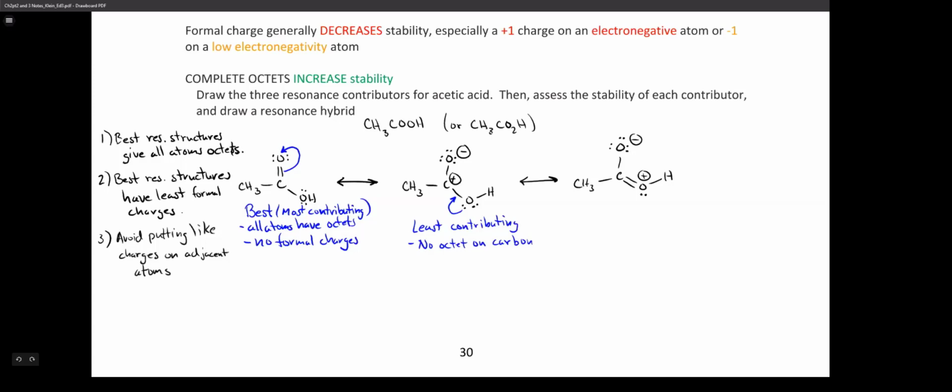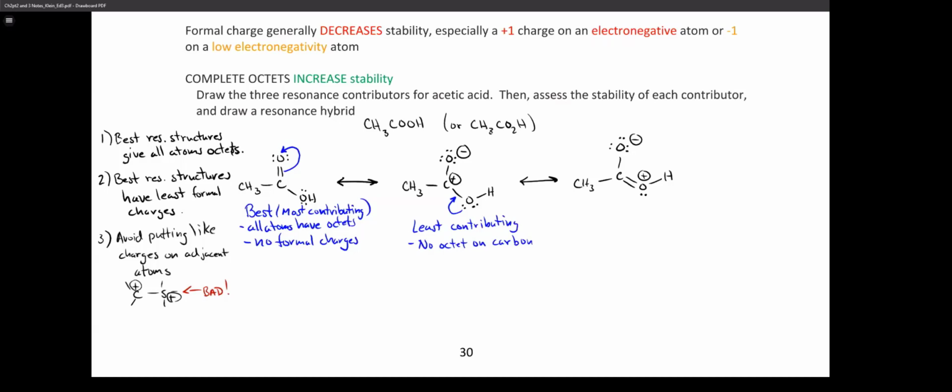So for example, this is very bad. No good resonance structure should ever put positives next to positives.